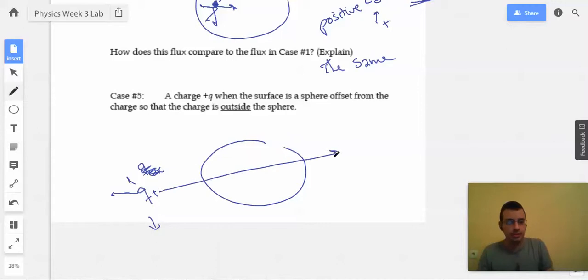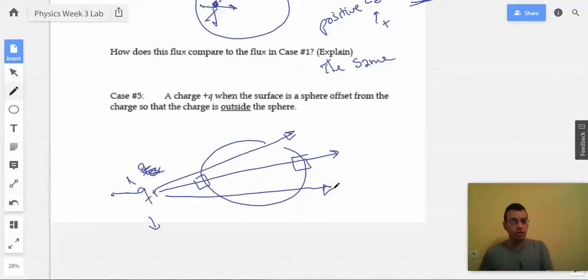Specifically, it's going to shoot them into the Gaussian sphere, making some flux, but then it's going to shoot out the other side of the sphere, losing some flux. So all the electric field lines that enter are also going to leave. Therefore, the net electric flux is going to be 0.